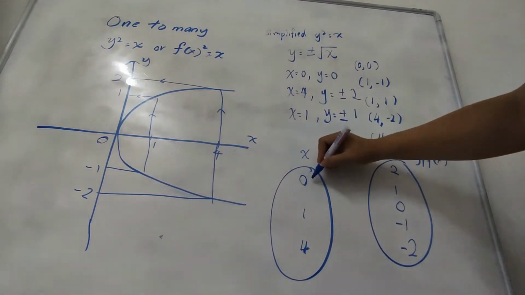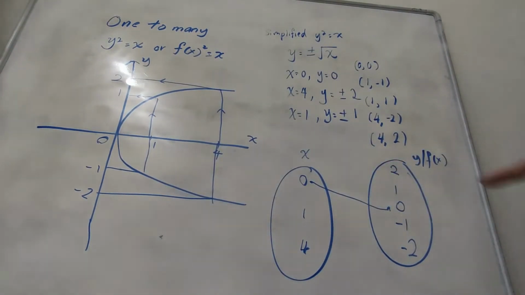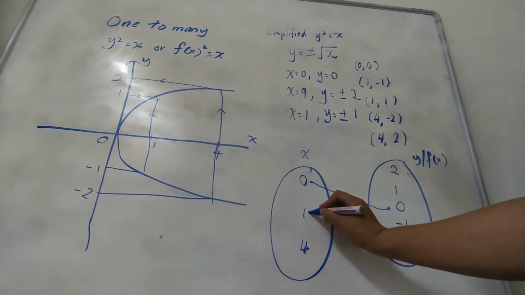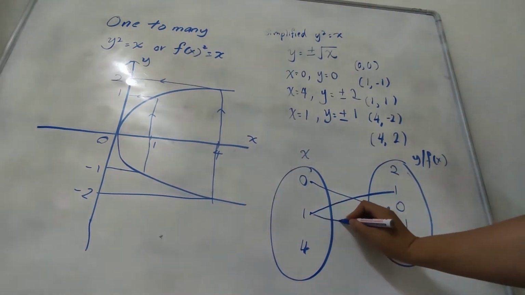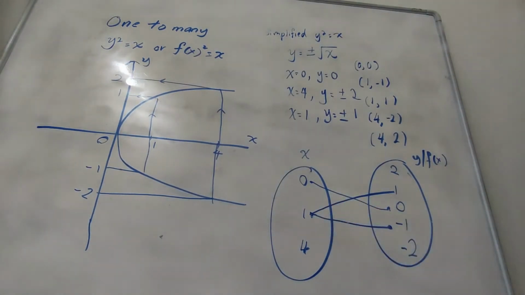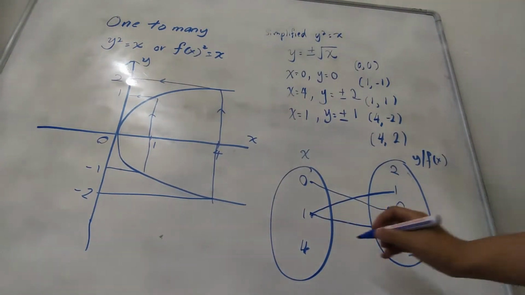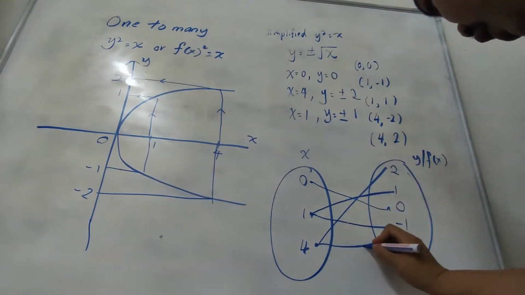So of course 0 you connect to 0, and then 1 you can connect to 1 here, minus 1 here. Okay, so for 4, 2, you connect to here.